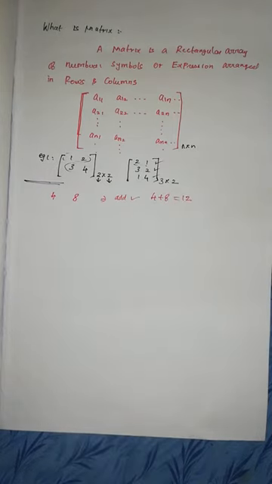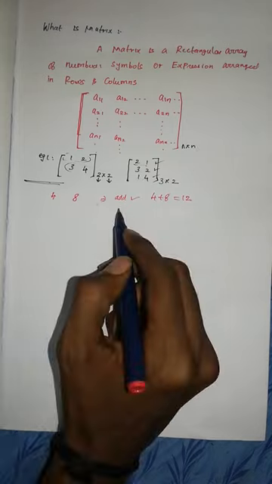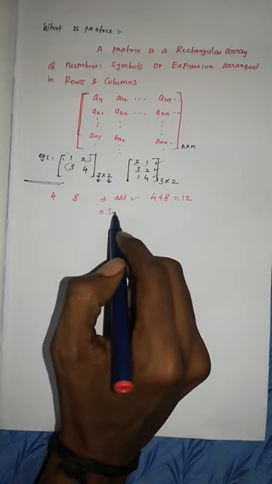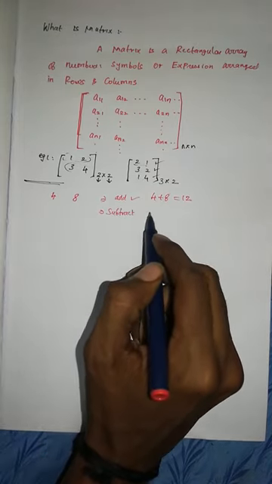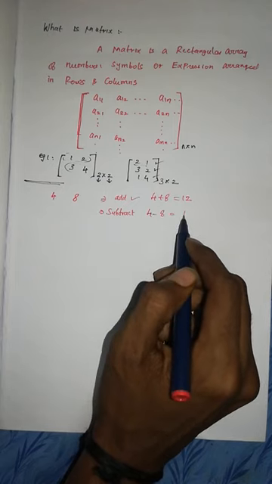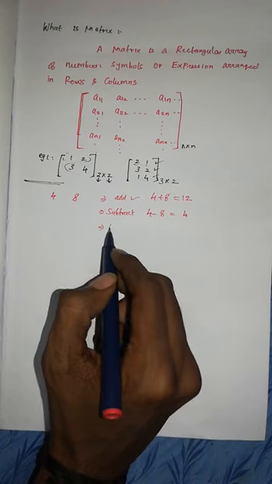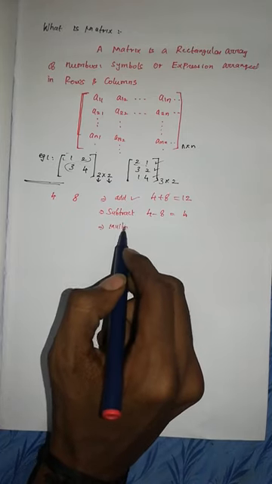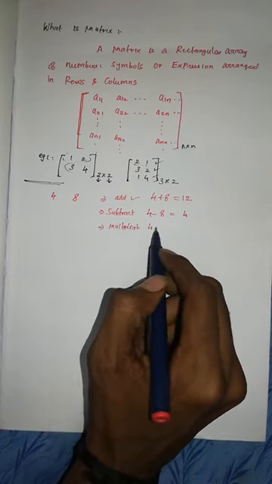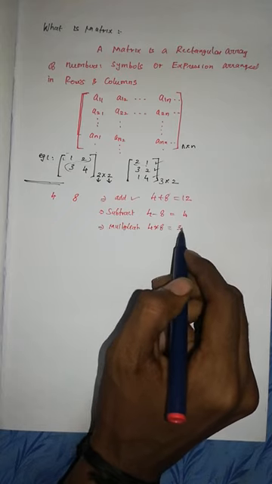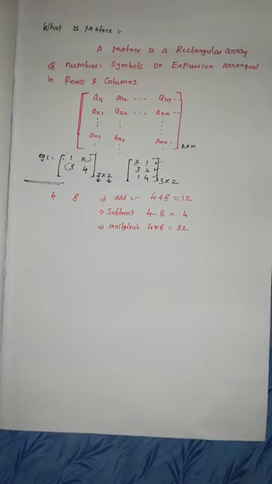Now I can also subtract these two numbers, so 4 minus 8 is equal to minus 4. And I can multiply these two numbers, which is 4 into 8, 32.